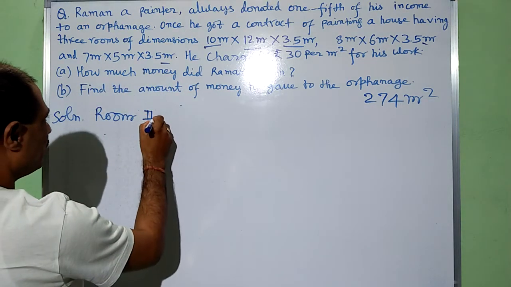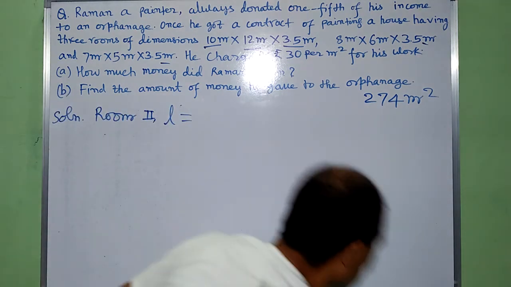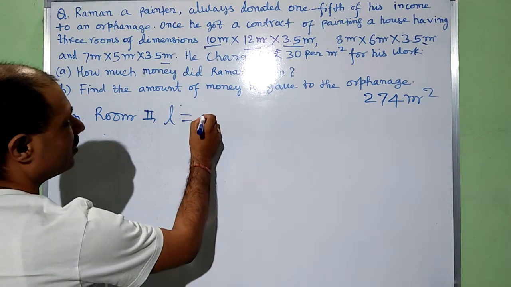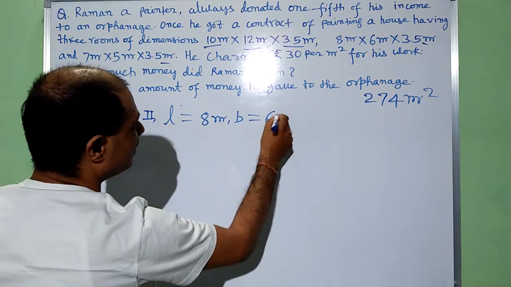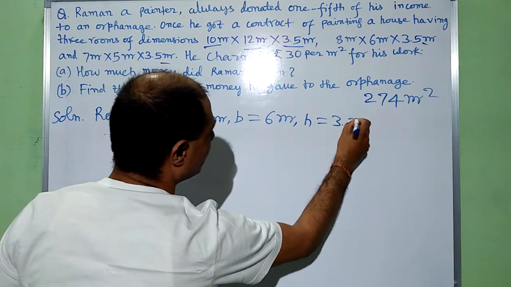Now for room number 2, its dimensions are L is equal to 8 meter, B is 6 meter, and H is 3.5 meter.